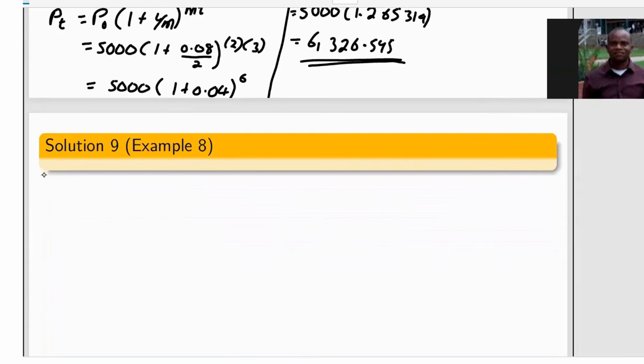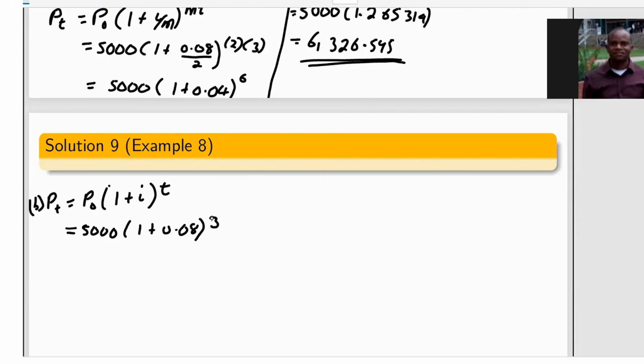So remember that if interest is compounded annually, so this is part B, we're going to have P_T is equal to P naught times (1 plus I) to the power T. And if we substitute in the respective values, we have P naught is equal to 5,000, 1 plus I is 0.08, then T is 3.